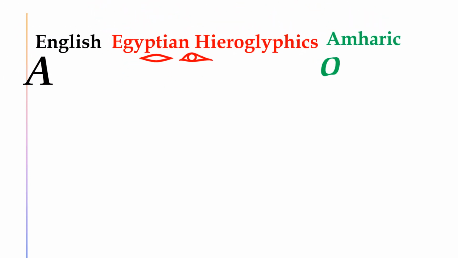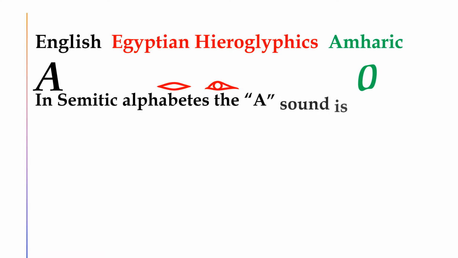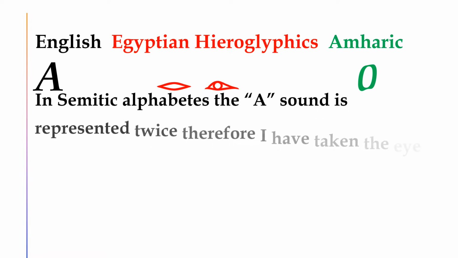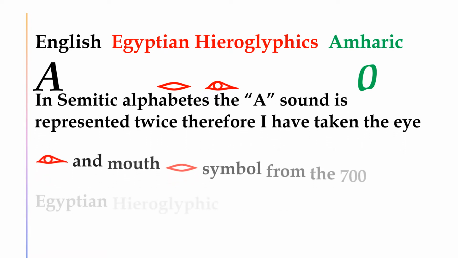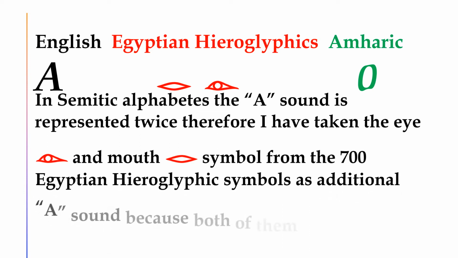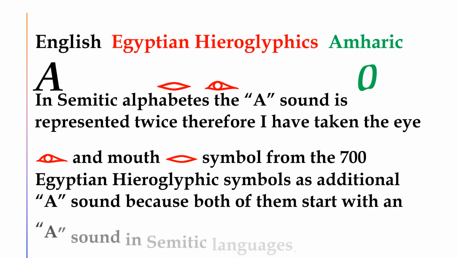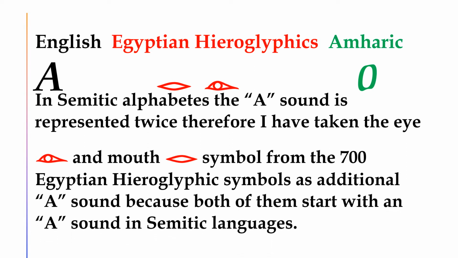Then next one is also the A sound, because in Semitic language the A sound is represented twice. You can find it in Arabic, in Hebrew, in Paleo-Hebrew or Aramaic, and also in Amharic, as Amharic is also a Semitic language.